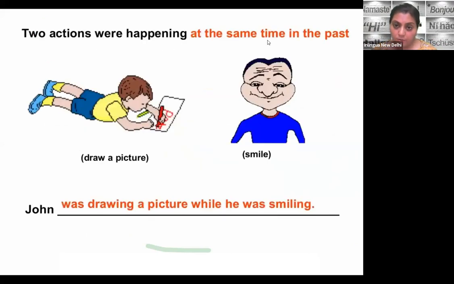Now, some more examples. Two actions were happening at the same time in the past. John was drawing a picture while he was smiling. Drawing, smiling. Past continuous. Was drawing, was smiling. So this is how you join these kind of sentences.